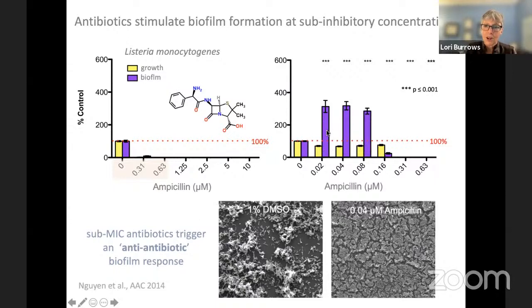If you start treating the bacteria with a drug concentration that is not enough to kill them, their defensive response is to make some more biofilm, because that, as I showed you, has protective properties, right? So this is a way for the bacteria to quickly try to protect themselves from antibiotic before the concentration gets high enough to kill them.